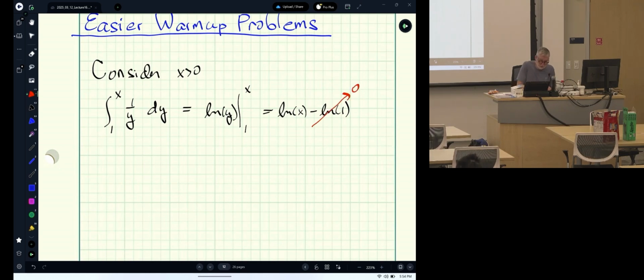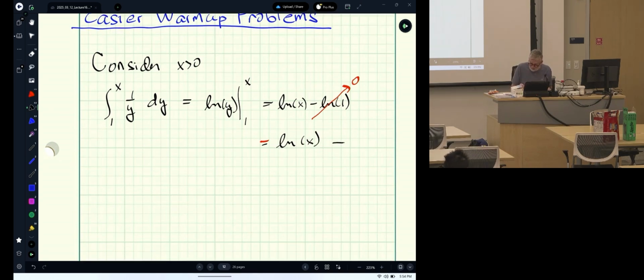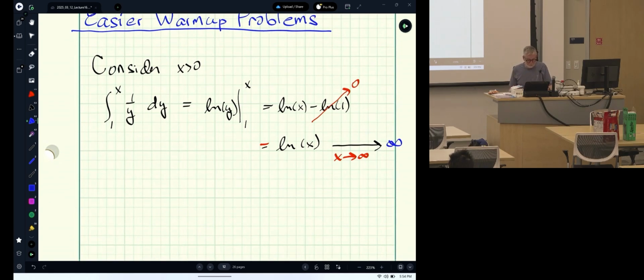That's 0. And so we get natural log of x. And if I take the limit as x goes to infinity, what do I get for the natural log of x? Infinity, yeah, it's unbounded.